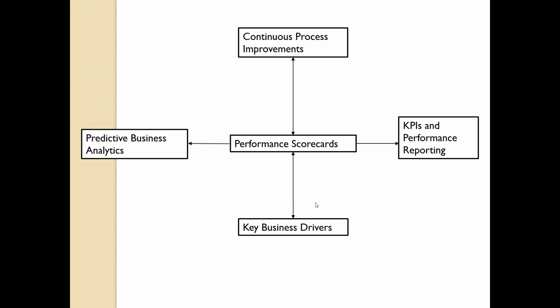And usually those metrics are things that really have big impacts on our business, which is sometimes called key business drivers. And then we have KPIs, key performance indicators. And so we have this scorecard, or this collection of data.